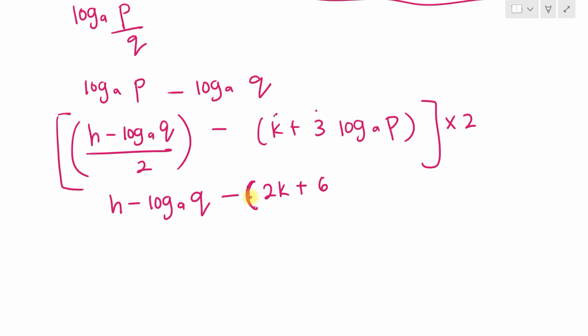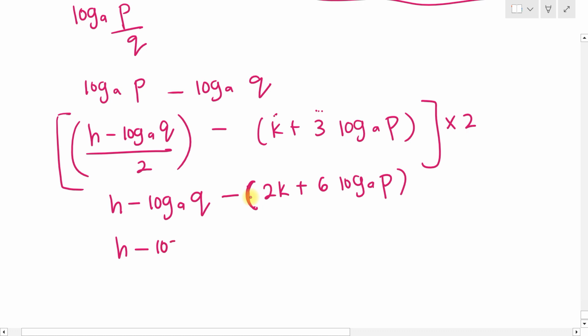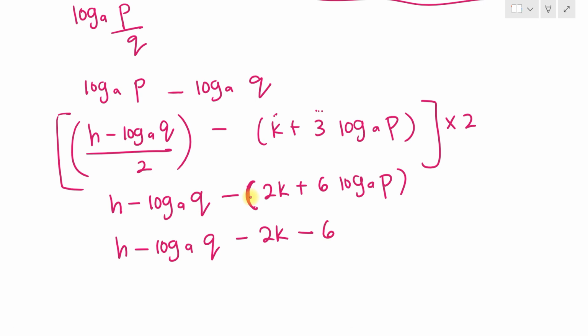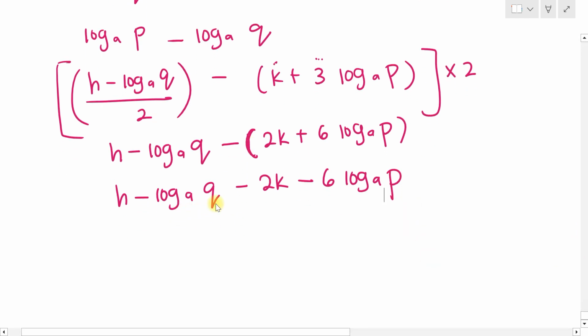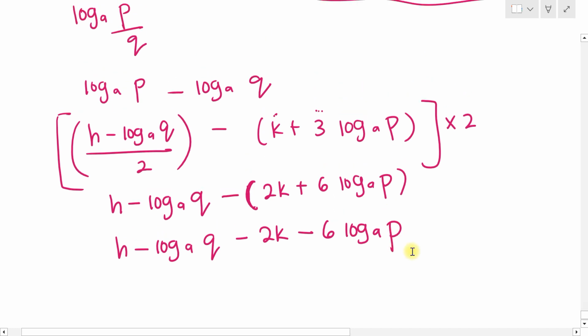This one times 2. This one times 2. 6 log a P. Okay, now open it all. Log a Q minus 2K minus 6 log a P.